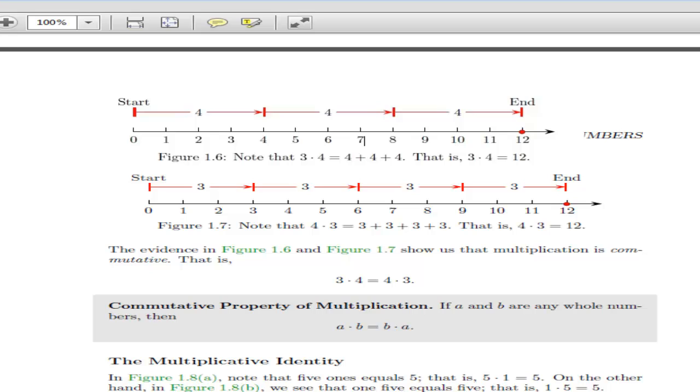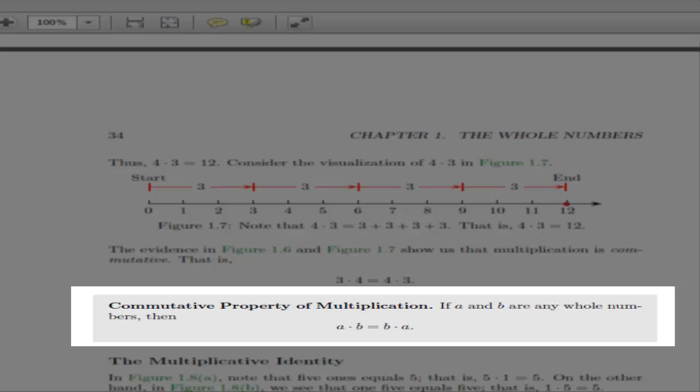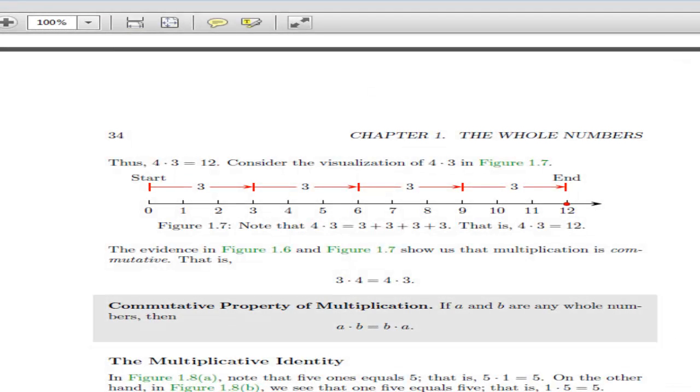The evidence in Figure 1.6 and Figure 1.7 shows us that multiplication is commutative. That is, 3 times 4 equals 4 times 3. Commutative property of multiplication. If a and b are any whole numbers, then a times b equals b times a.